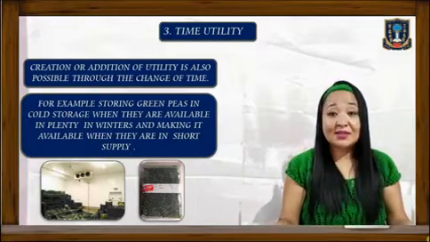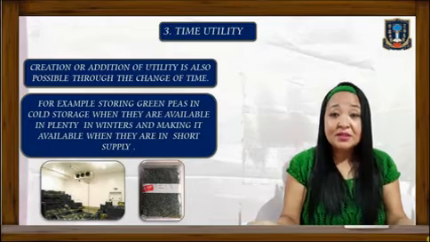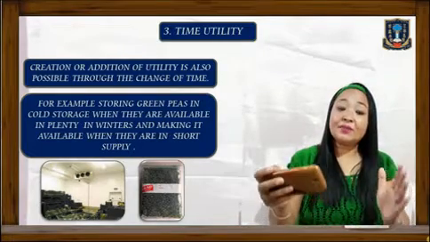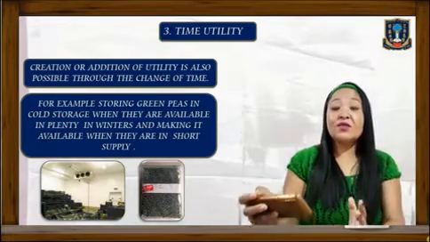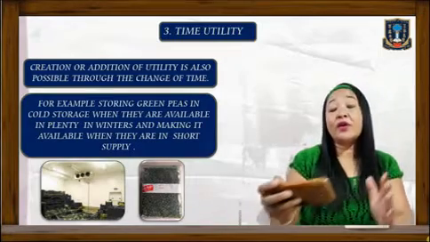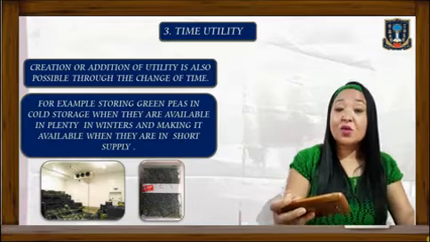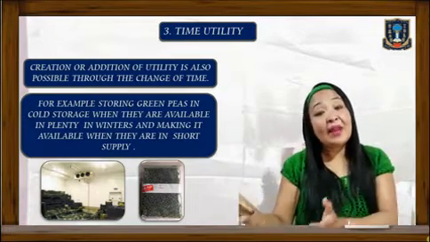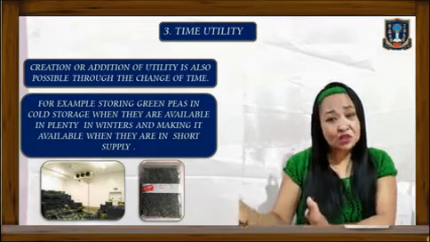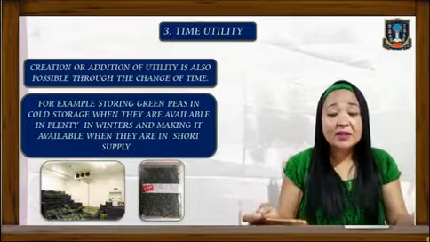Their utility increases, their value also increases, isn't it? So by storing a certain thing for a certain period of time, when it is plentifully available, and making it available at the time of shortage, you can also create a utility.